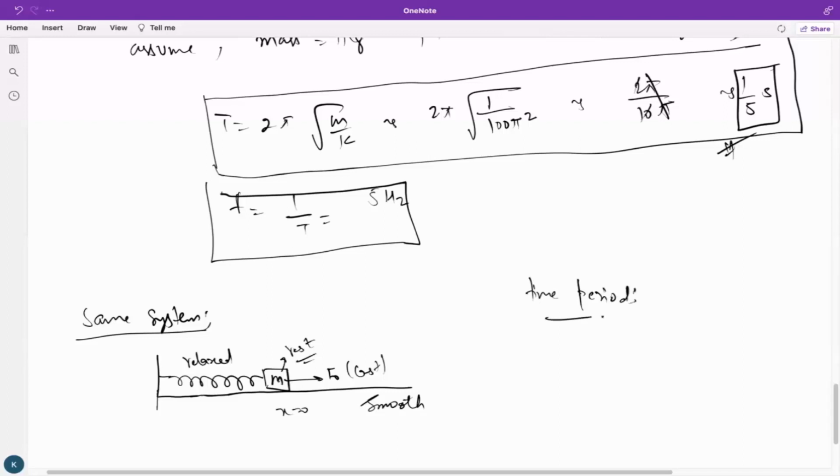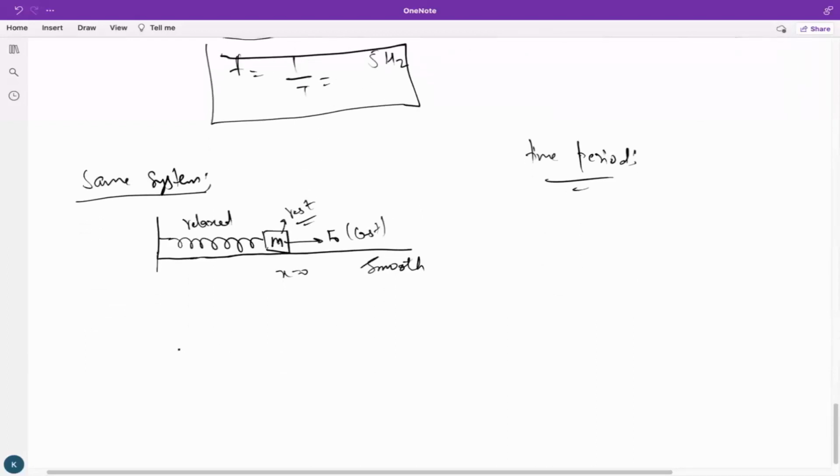Look here. A force is acting on the system, so we have to identify the mean position. Is x is equal to 0 the mean position? Obviously not, because the force is not 0. The mean position is where the force is 0.